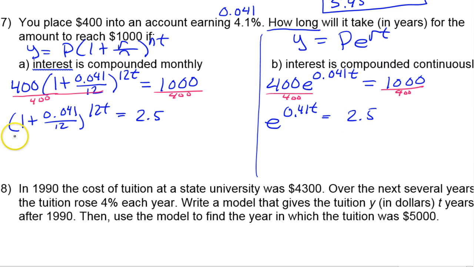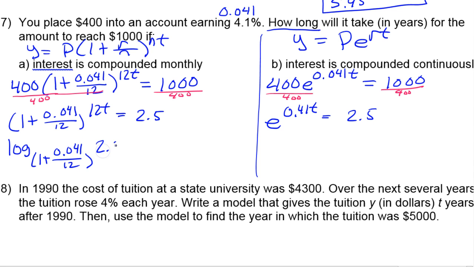Now over here on the left, what is it time to do now? Log. I know it's cumbersome, but that's what it is. This parentheses, that's the base. So I'm going to have log base 1 plus 0.041 over 12. That's the base.